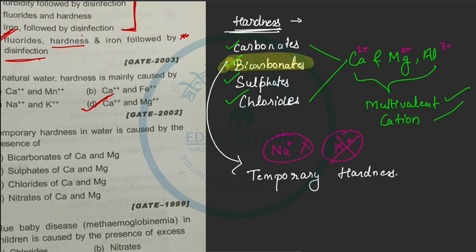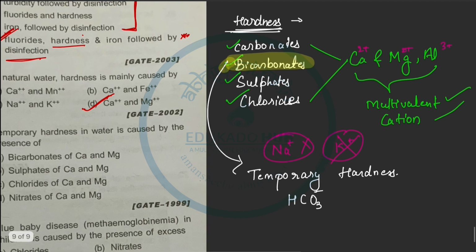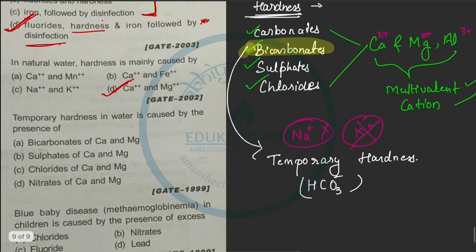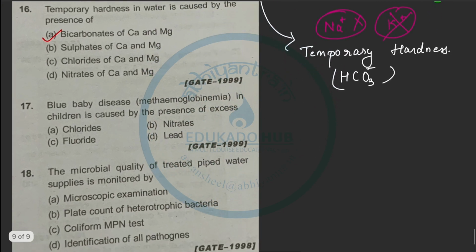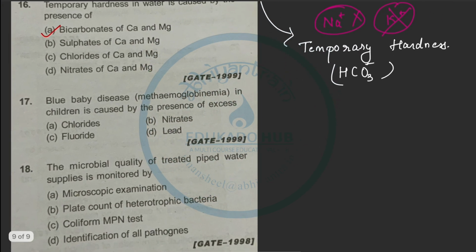Bicarbonates is written as HCO3 minus. So the option will be bicarbonates, and other things, carbonates, sulfates, chlorides will give you the permanent hardness. So only bicarbonates of calcium and magnesium will give the temporary hardness.